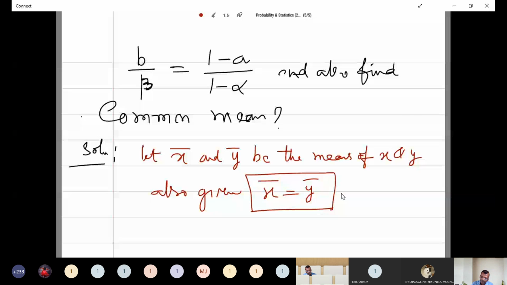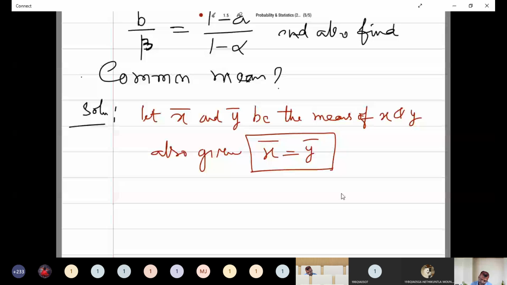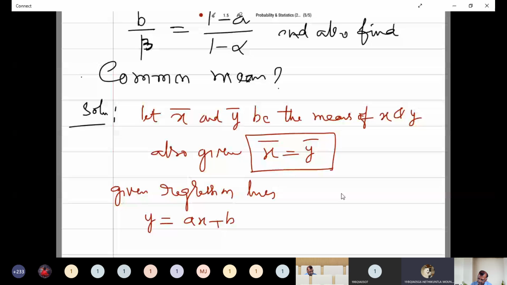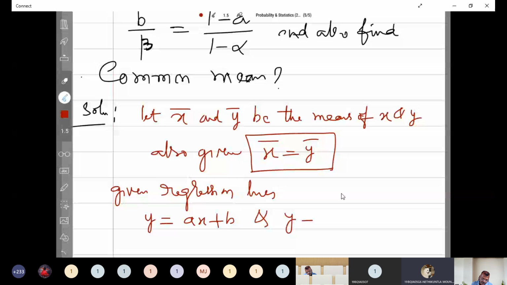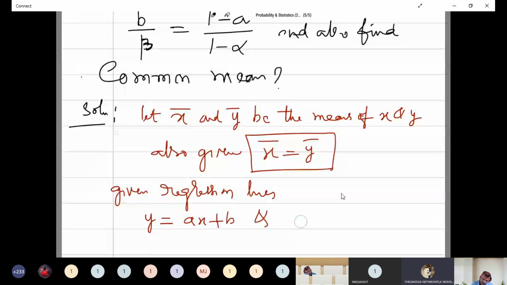Now, given regression lines, what are the regression lines? Y is equal to ax plus b. Another: x is equal to alpha y plus beta.